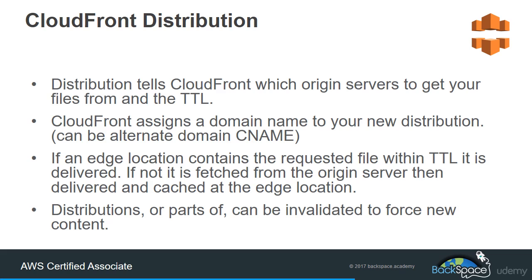For example, directories within that distribution, or individual files, or we could use a wildcard to say, well, all of our HTML files we're going to update or invalidate. That takes a certain amount of time. It takes quite a number of minutes for a distribution to be invalidated and then redistributed across the content delivery network.